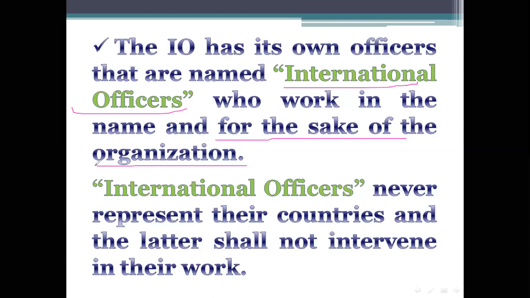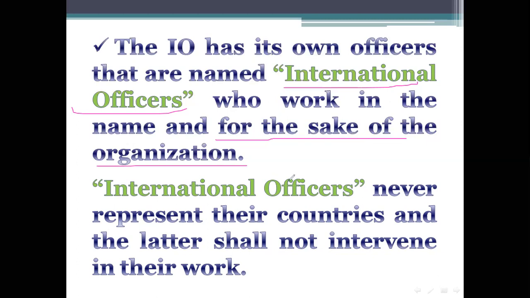All of the other officers, rather than the Secretary-General of the United Nations, work in the name of the organization, and they represent only the international organization, and they work for the sake of it. So this reflects the idea that the international organization has its own will.